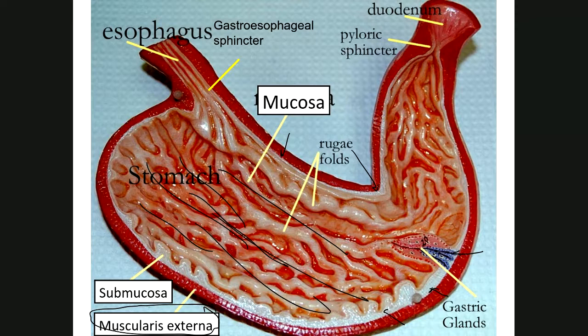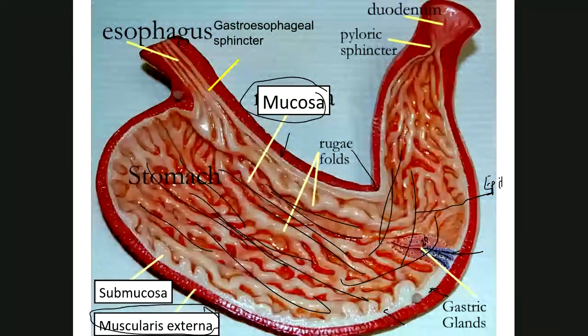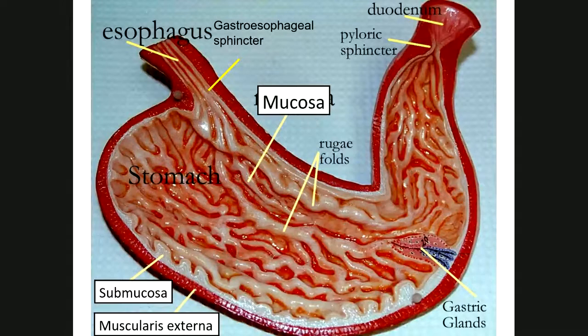All of this layer here is that epithelial tissue and that lamina propria. That's the mucosa. If you look at it in the stomach, it's all folded up like an accordion. And these folds that you see are called rugae. We'll come back to that later on. But those are the layers.